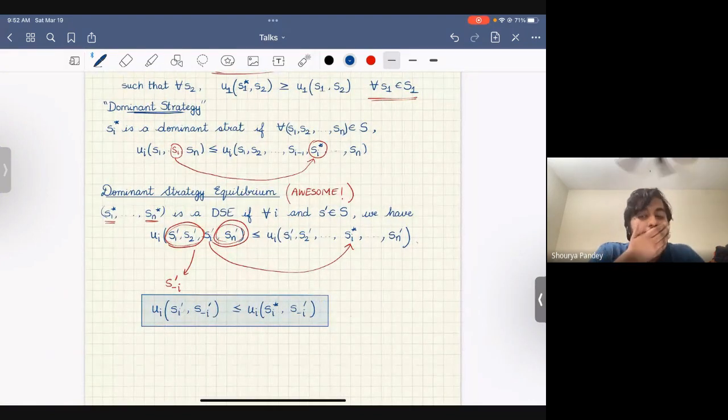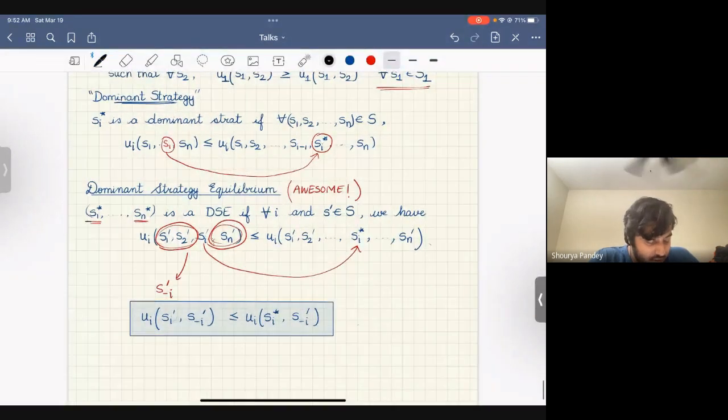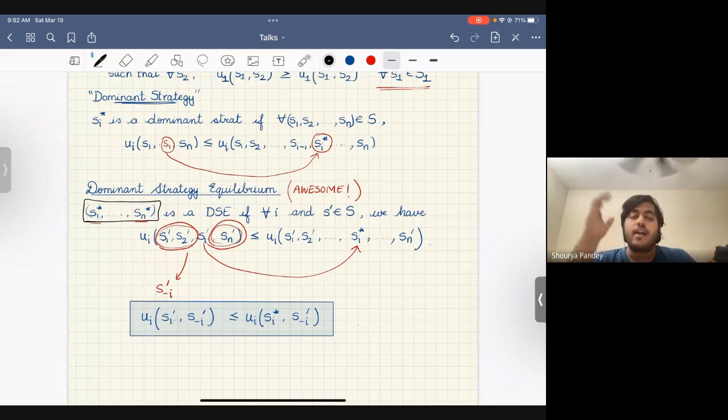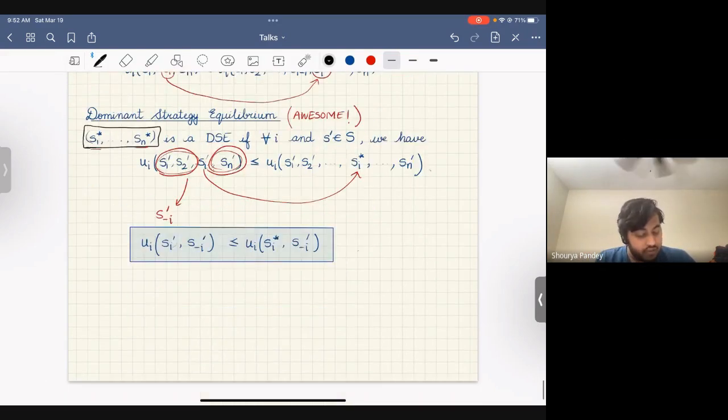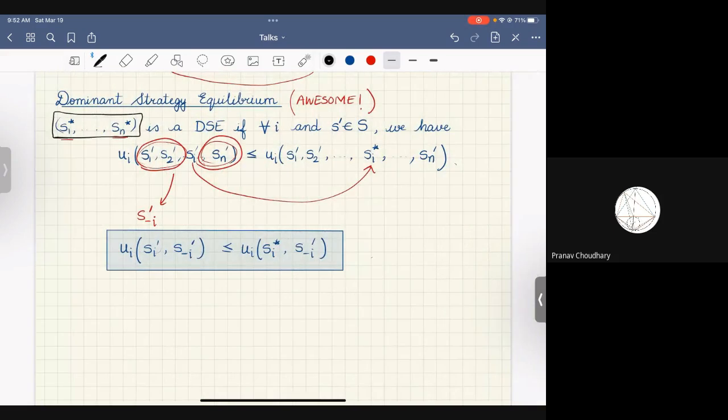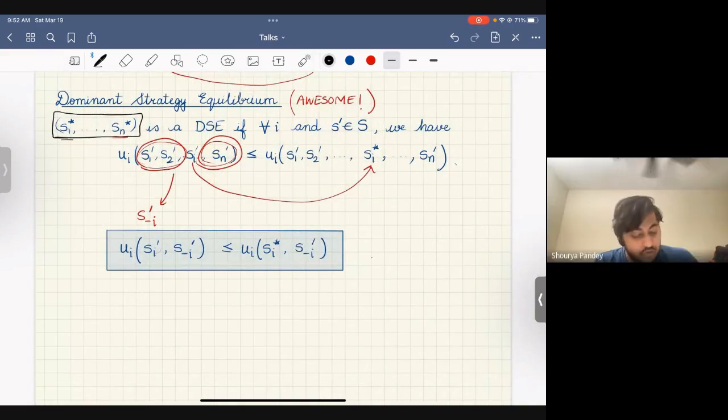And why dominant strategy equilibrium is nice is that you don't really need to think about what others are doing, right? No matter what anyone else is doing, it's always better for you to just go with Si star. Sorry, I should highlight: Si prime or Si star? Star. Yeah, Si star.